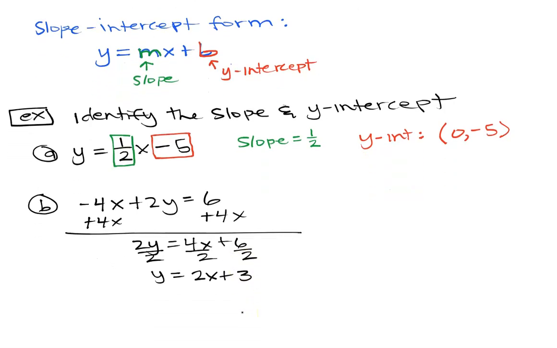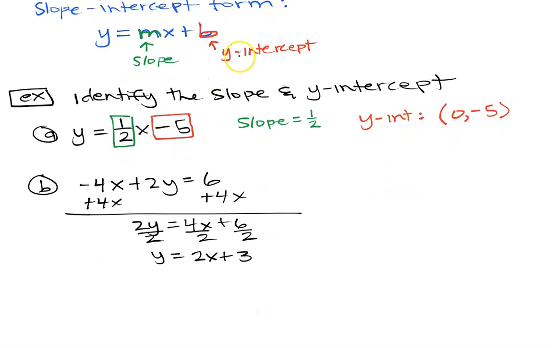Now that it's in this form, I can pick out my slope and my y-intercept. The slope is the 2, and the y-intercept is 3, a positive 3.